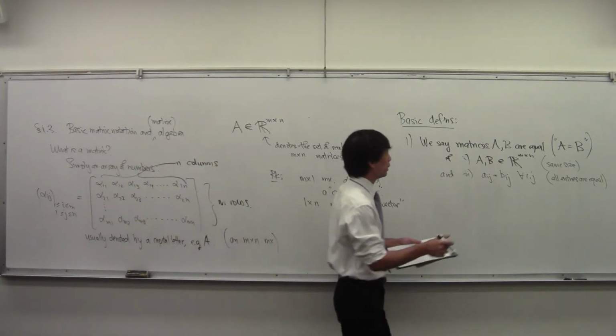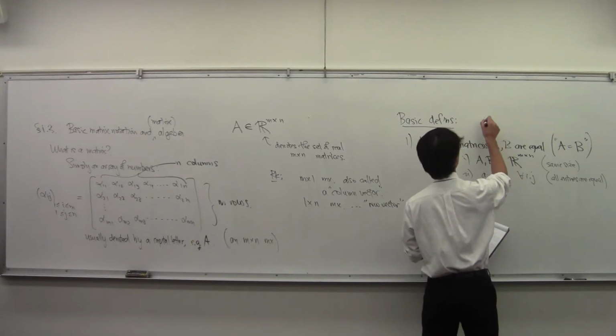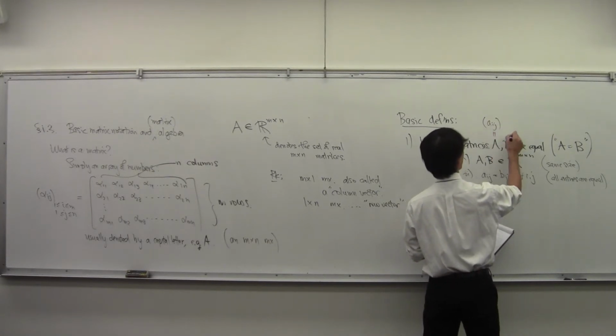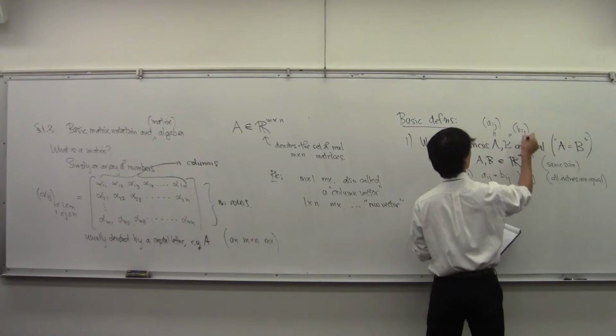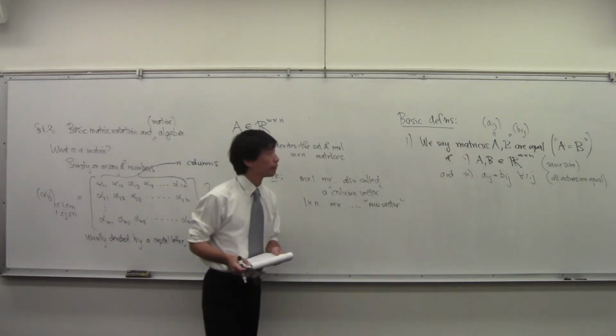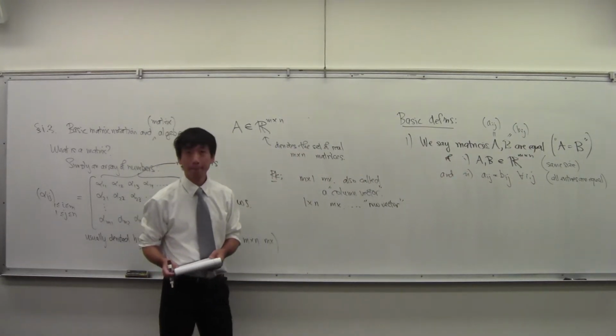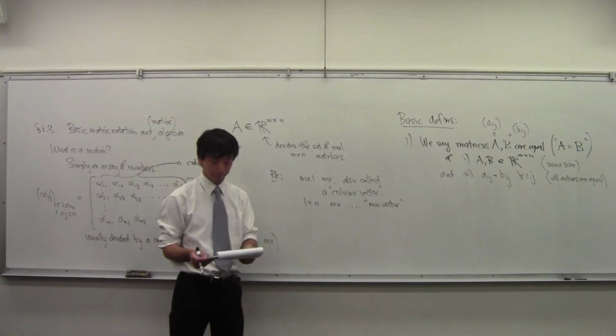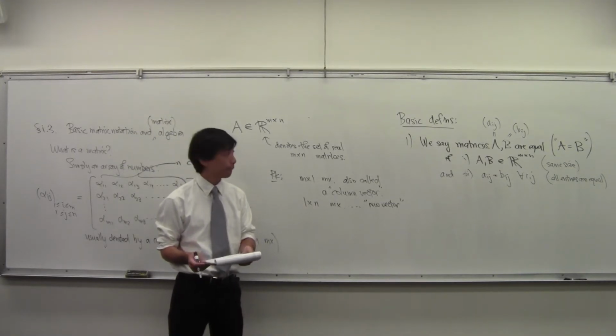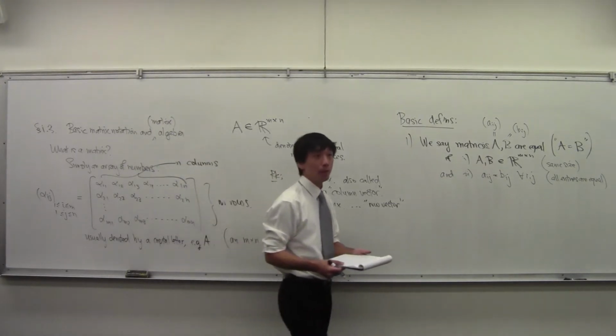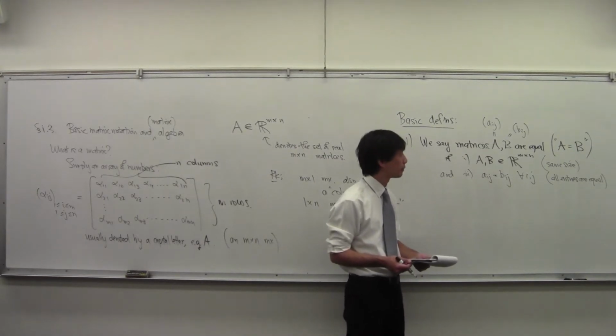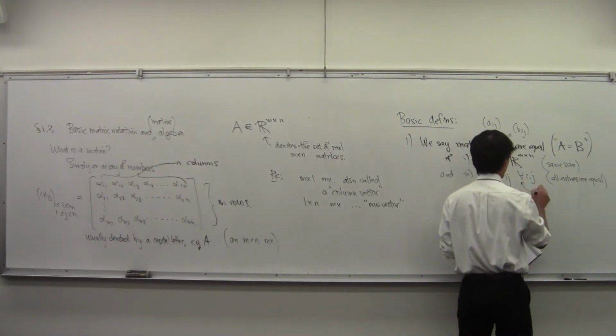Okay. So I should probably write A is the matrix a_ij and B is the matrix b_ij. What is that arrow, sorry, between this guy? This means for all.